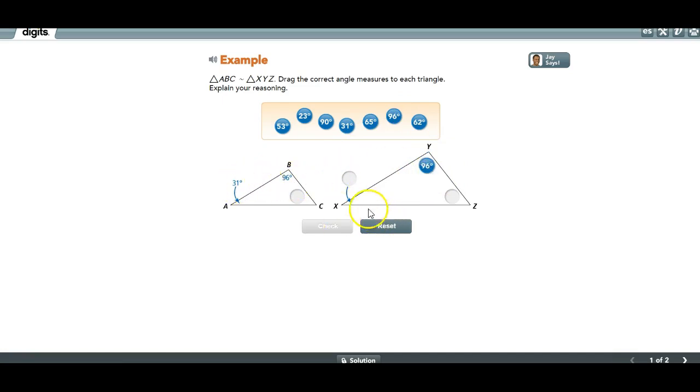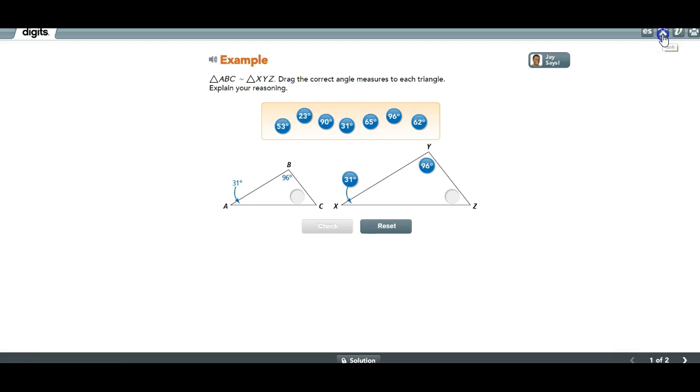And then angle X and angle A should be the same because they are in the same place and the same shape. So now I'm just figuring out the measure of the three angles together, which should be 180 degrees.